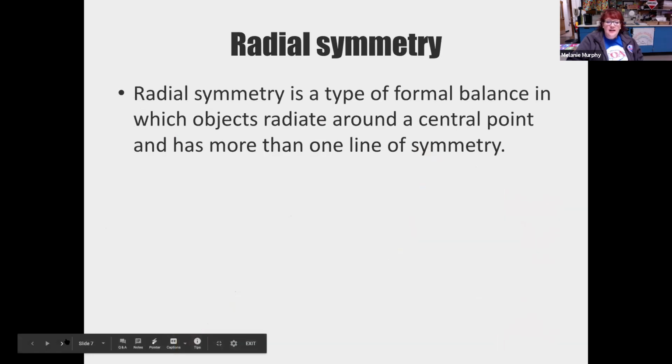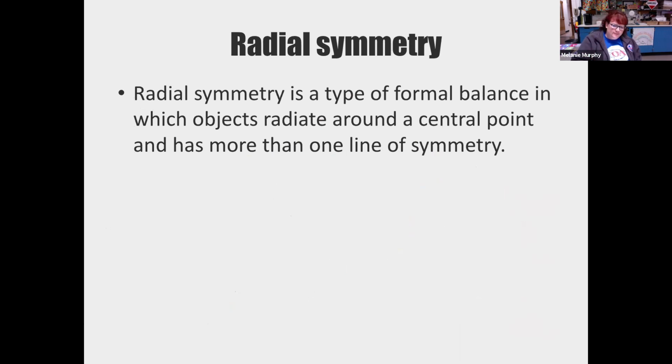And then an alternative, because there are more than just two types of symmetry. Radial symmetry is a type of formal balance in which objects radiate around a center point and has more than one line of symmetry.